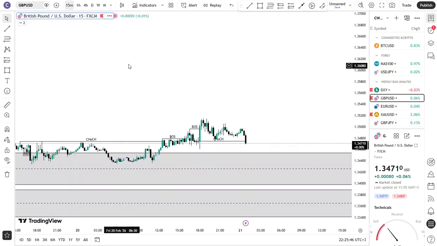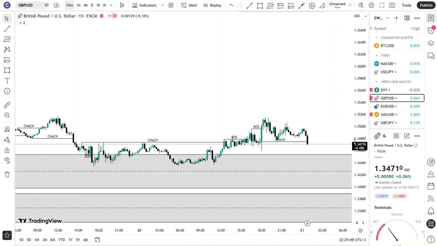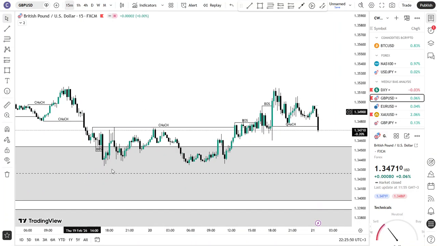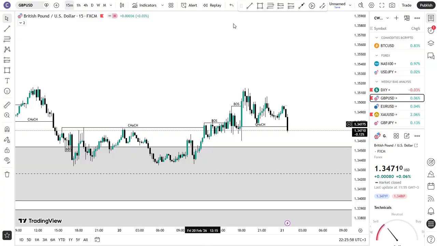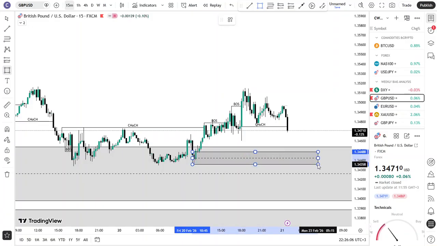When you go to the 15 minutes, we can see that price has been ranging around here, and we had this break of structure and this change of character. So we can wait for price to react on this change of character order block here, and then continue to the bullish move.